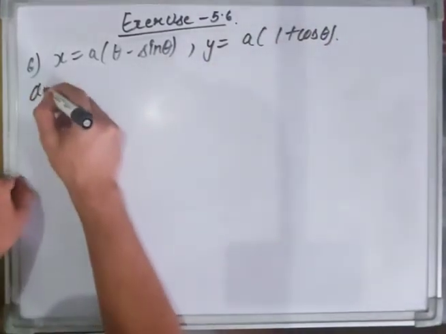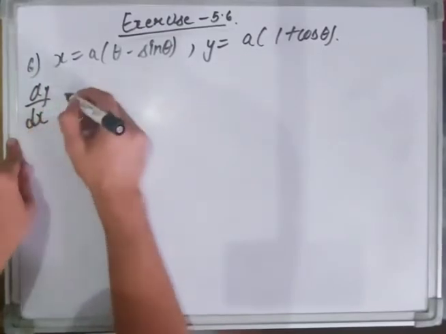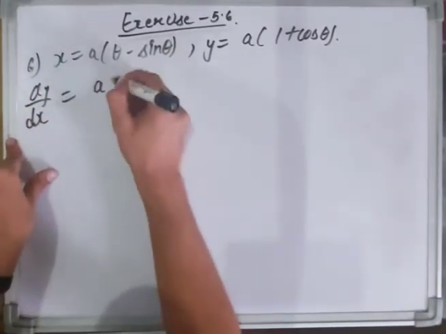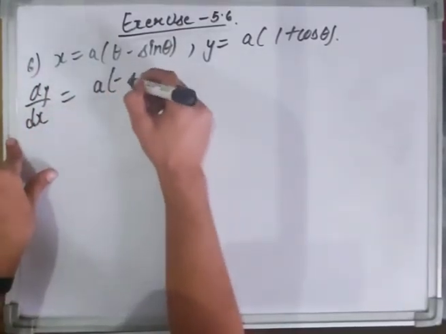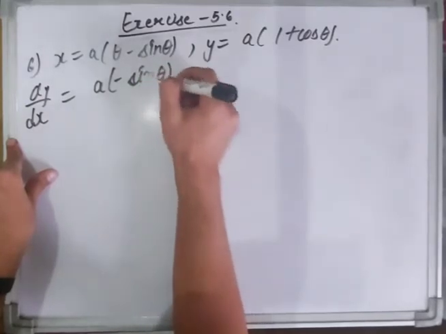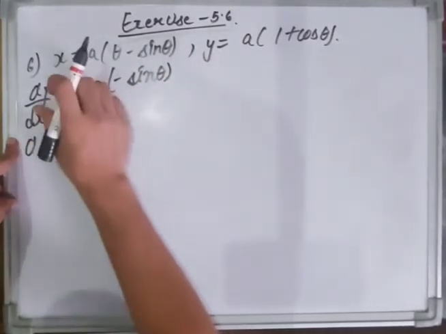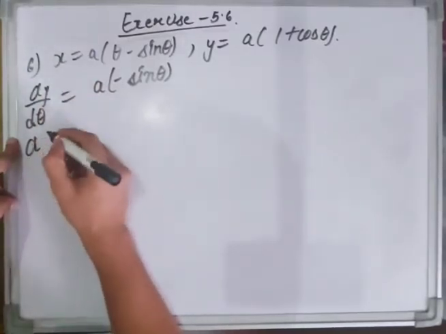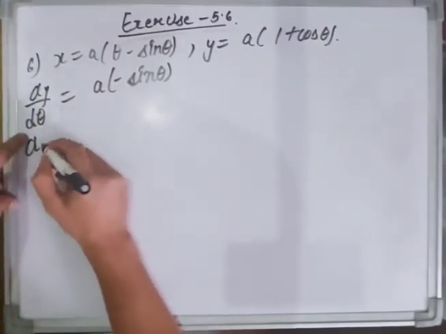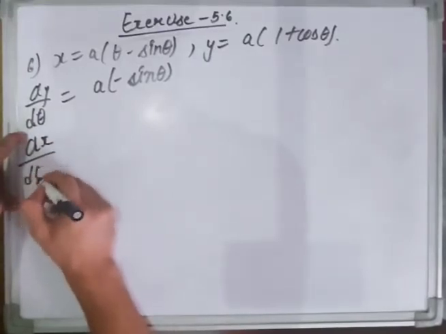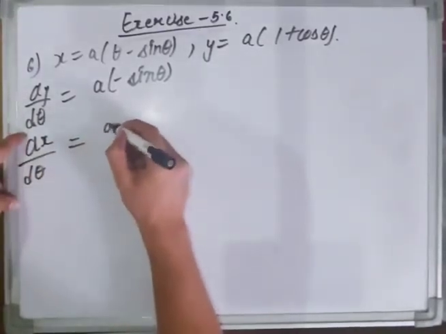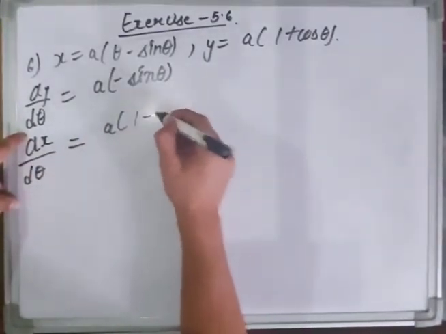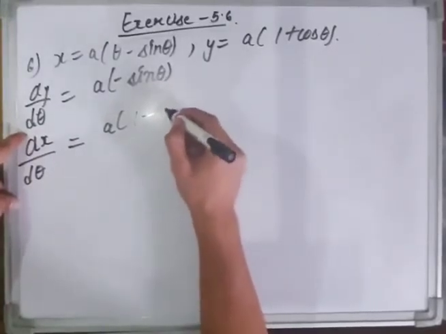Okay, dy upon dx is a times minus sin theta, and sorry, again I made the same mistake. We need to write d theta because we are differentiating with respect to theta, and dx upon d theta is a(1 minus cos theta).